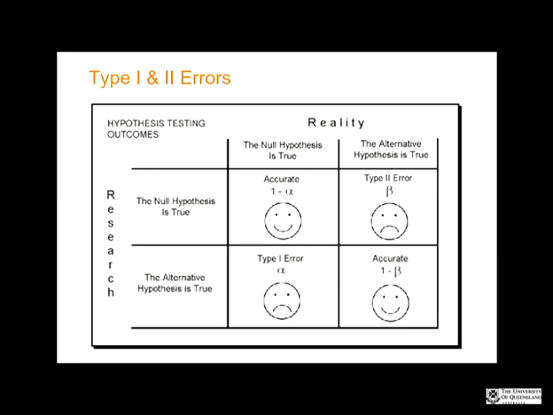We're going to keep the null hypothesis. And if that is actually matching the broader population, then that's what we want. It's accurate, okay? Alternatively, we do our calculations and we say, no, there's enough evidence to reject the null hypothesis. The alternative hypothesis is true. And if that measures reality, then it's accurate. Happy face.